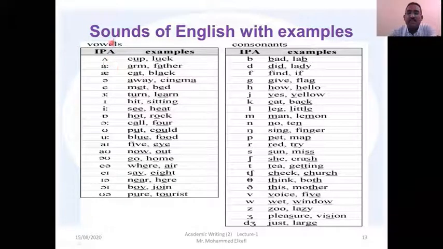Here generally we can say vowels are produced without any obstruction to the airflow, but consonants are produced with obstruction.